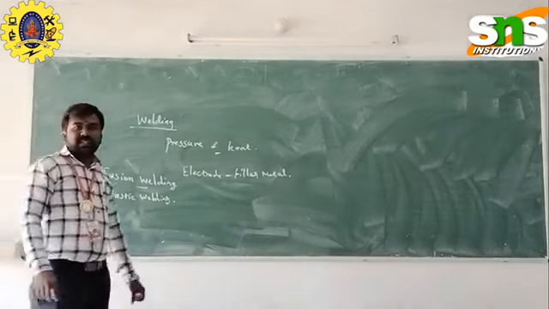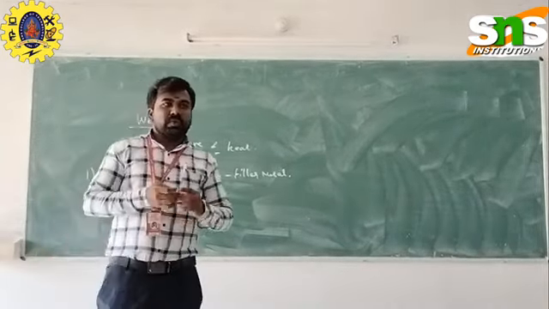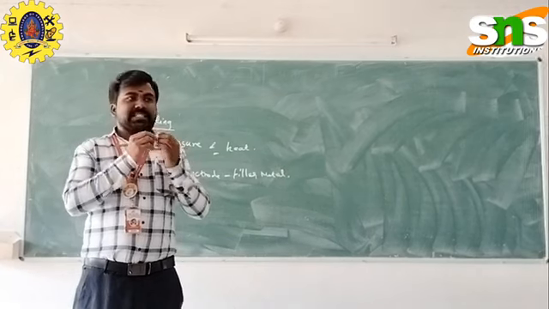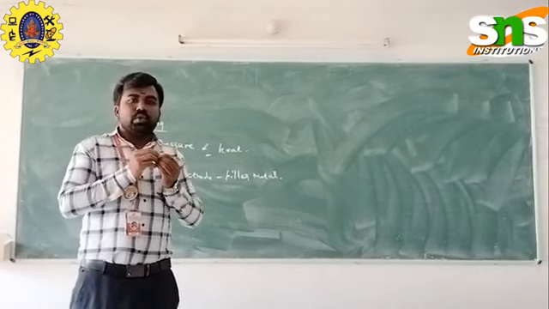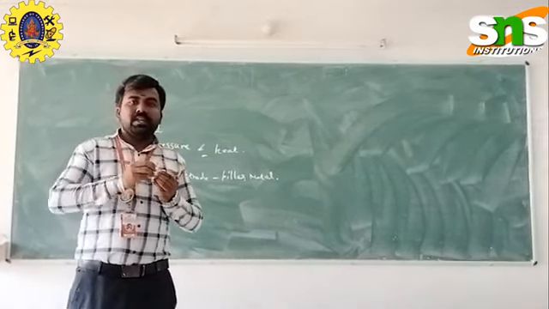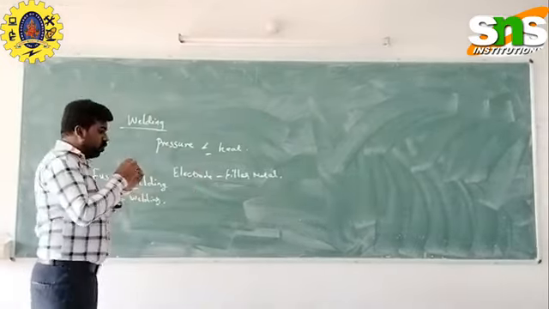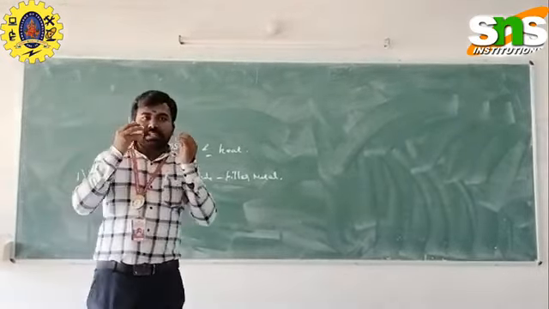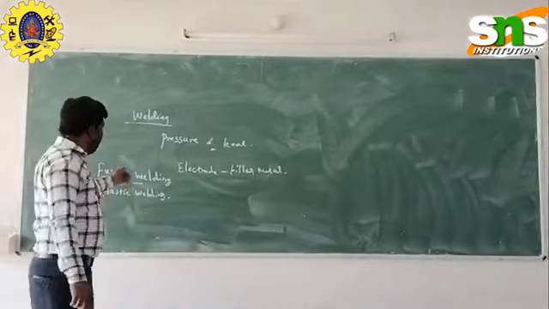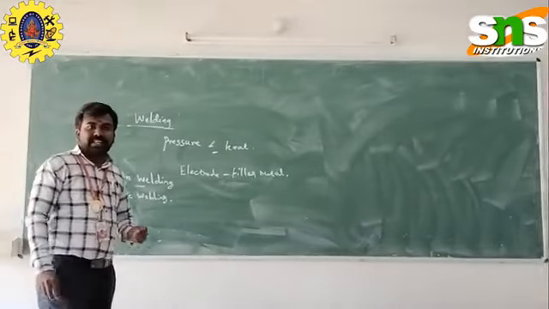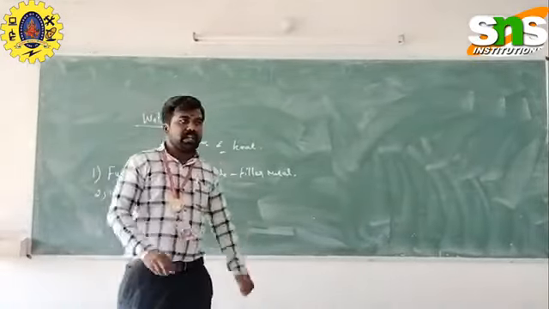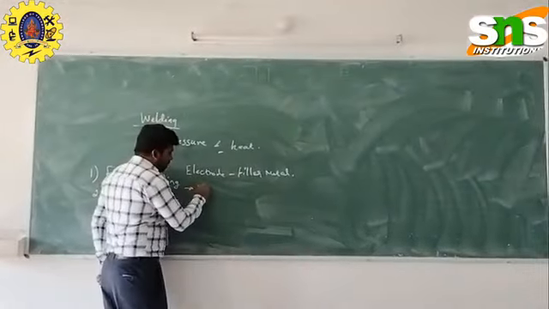In fusion welding, as the name implies, the edges of the metals get melted due to the high temperature of the flame. So the edges of the two metals get melted and then joined together. It is called fusion welding. In this fusion welding, there is no application of pressure, so it is called non-pressure welding.